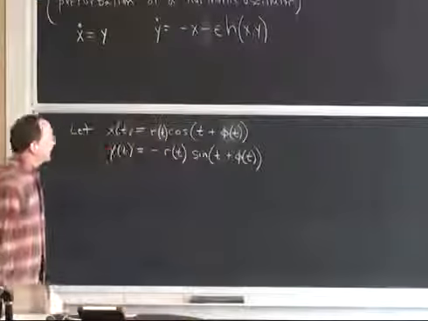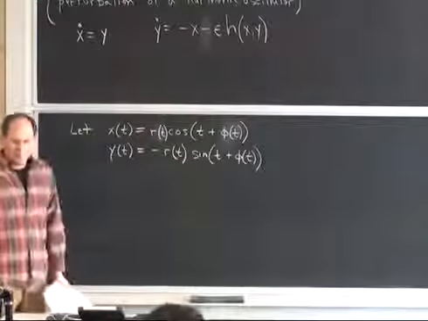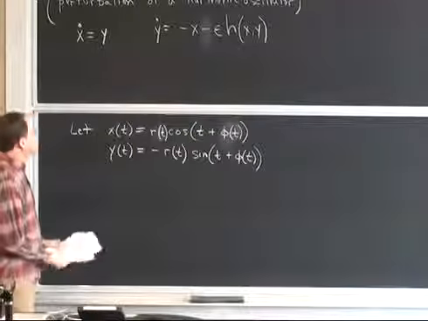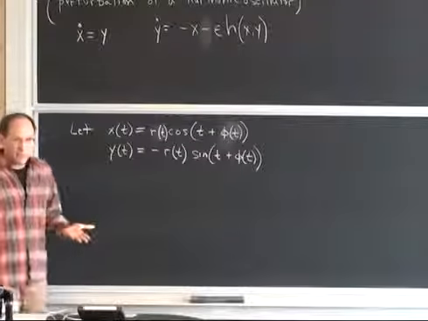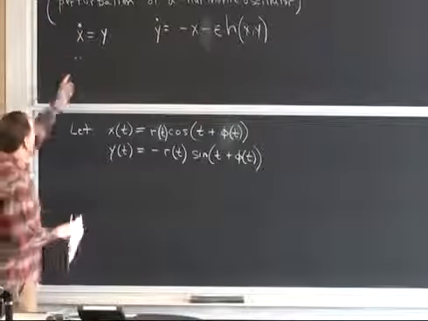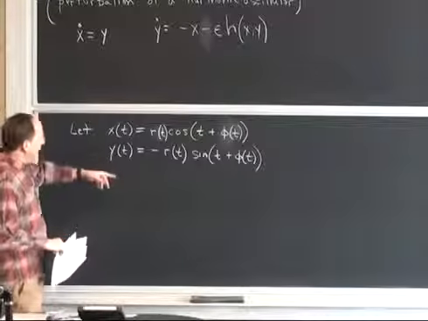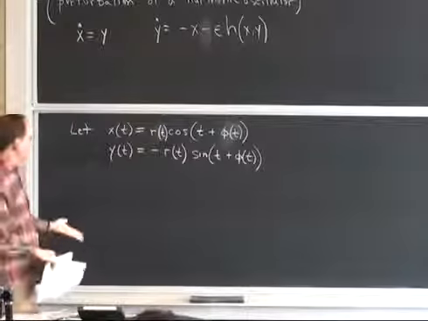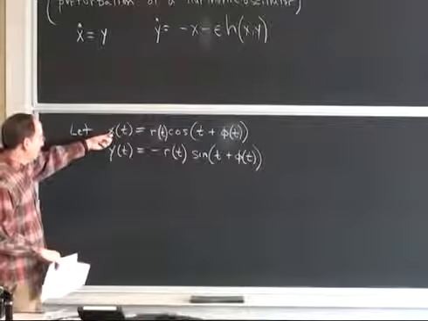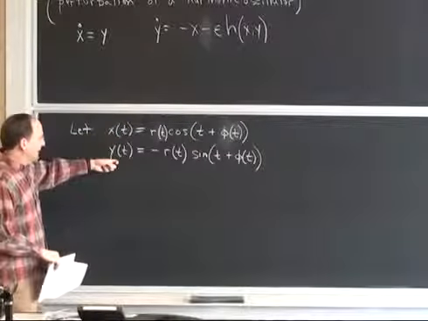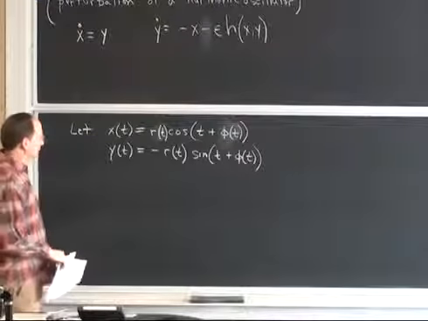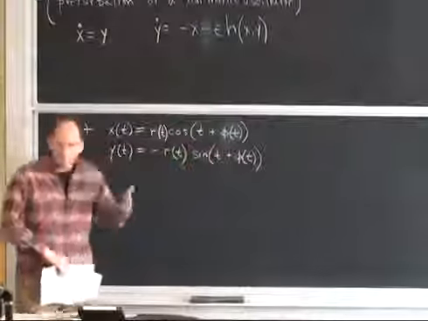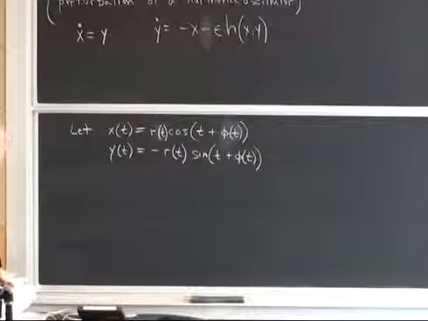And what's confusing about this is, at first glance, it just looks like I'm doing calculus wrong. That is, up here I said x dot is y, and if the r and the phi depend on time, then the time derivative of x will not just be y, because obviously there will be contributions from terms like r dot and phi dot, so I've left out all kinds of terms.